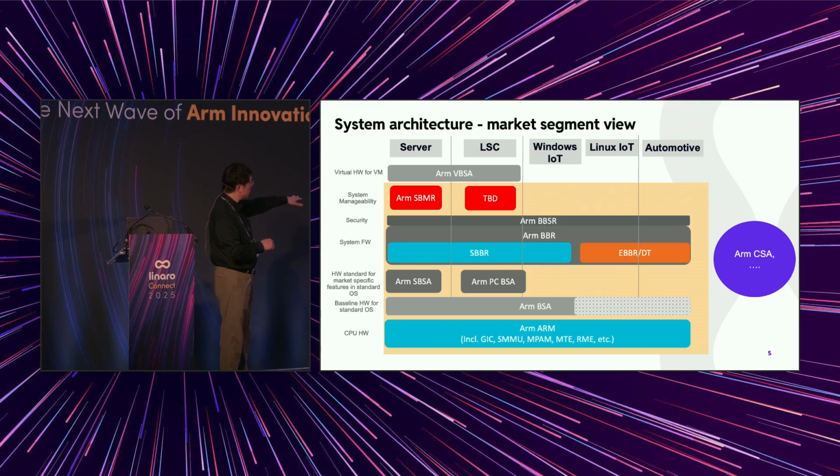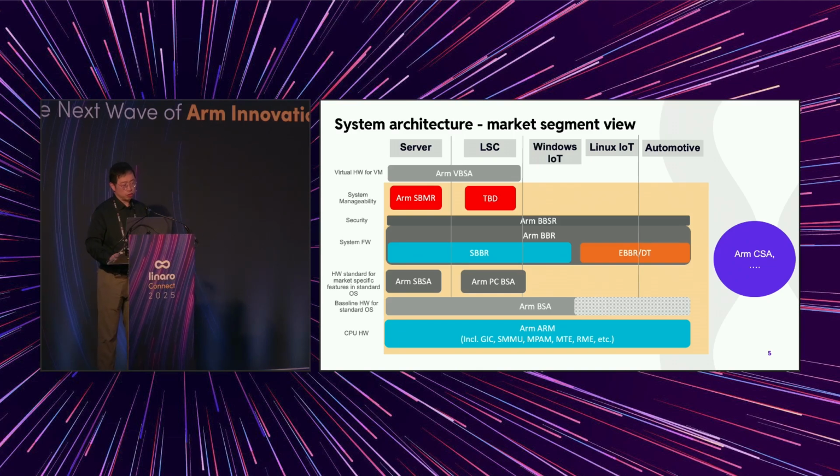So on the server and PC and also Windows IoT, you want to have the basic BSA hardware so that you can put the abstracted firmware interfaces like ACPI on top. Then you can support these OSes on the platforms. We also have the VBSA that's relatively new, and I'm going to be talking about that later on.